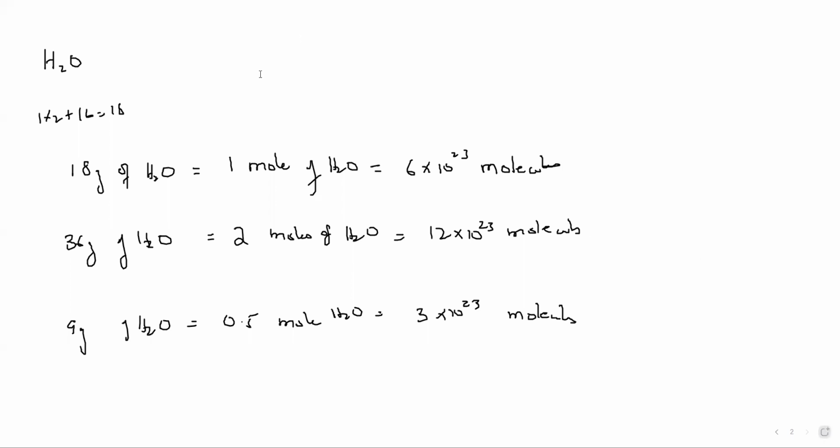Then finding the moles. If you want to find the moles, there are two ways to find the moles. Number one, you can use a formula. Number two, you can use a ratio.